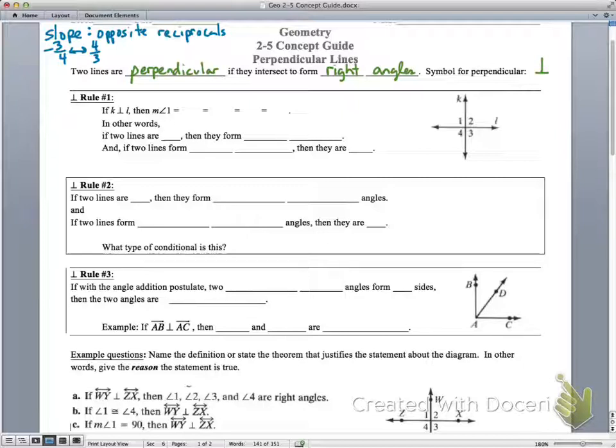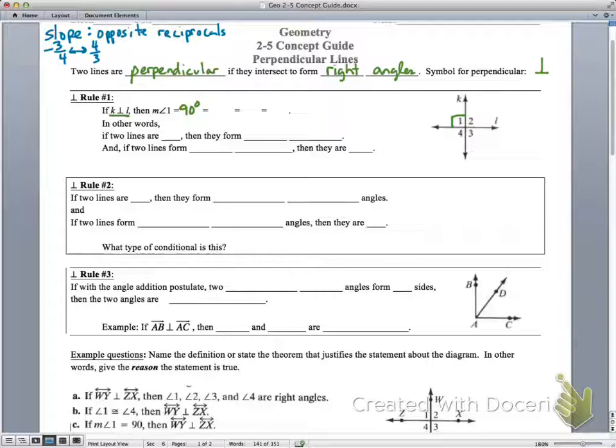So based on this idea of perpendicular forming right angles, there are some things that we can know. Rule number one: if line K is perpendicular to L, then the measure of angle 1 equals 90 degrees. That's the definition of perpendicular.